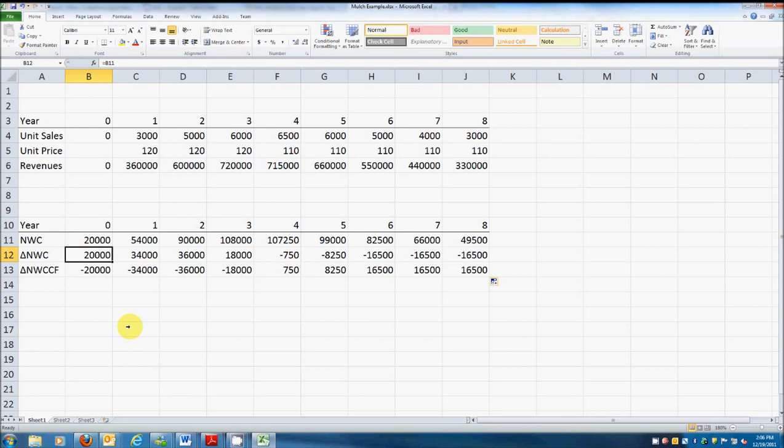Now there's one little problem left here though. This last year, there is also the need at the end to get rid of that final $49,500. Why do we say that net working capital goes back to zero at the end of the project? Well, it was actually zero before we started. We do this project, and at the end we're going to use all the raw materials that are in inventory to make products.